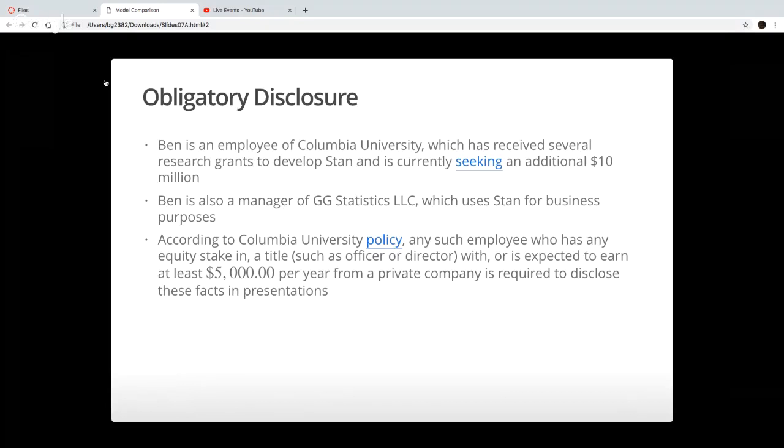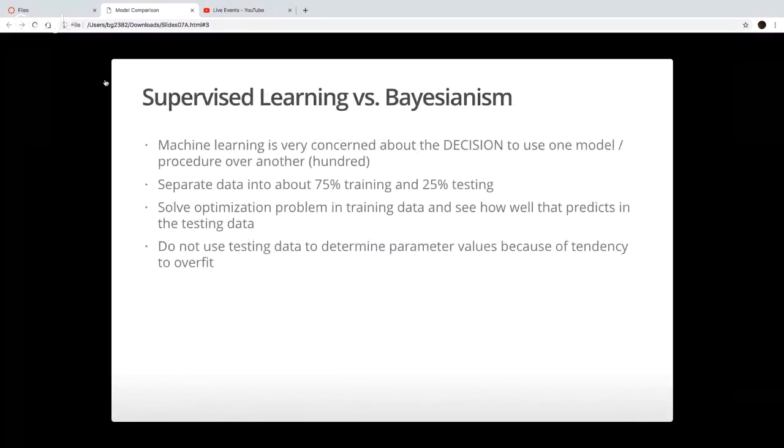Okay, so we're talking a good bit about the Bayesian perspective on things, the Bayesian view of probability, contrasting it with the frequentist view of probability.